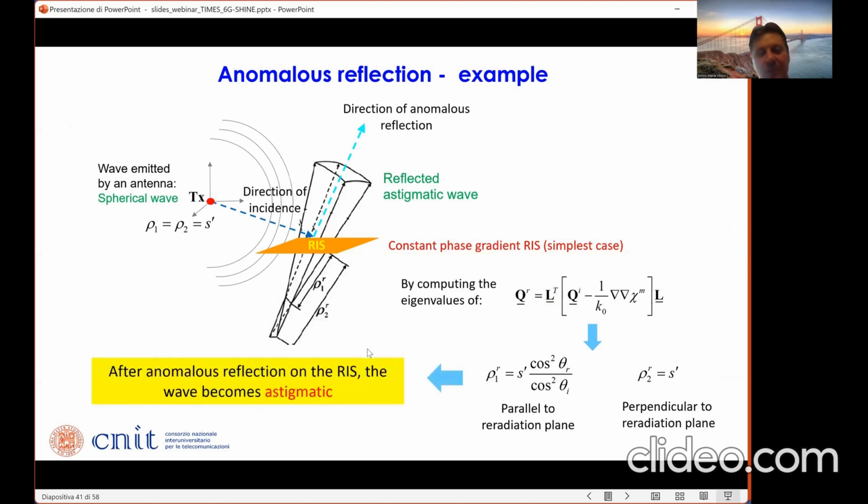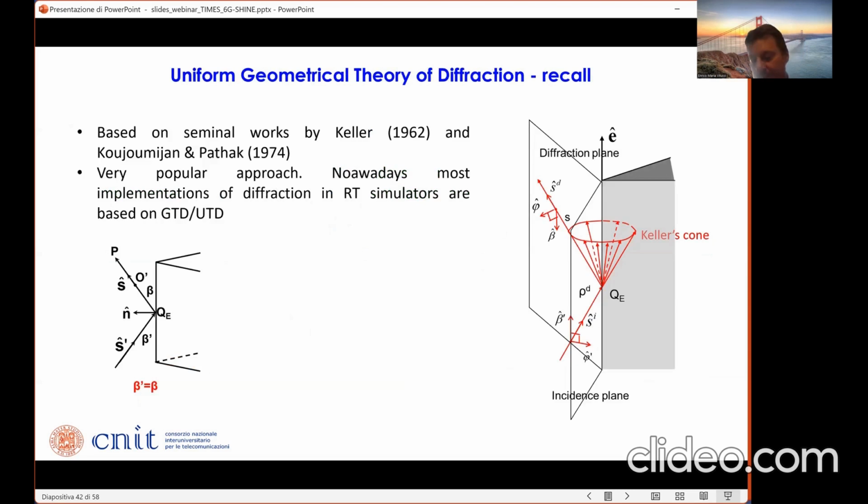So in the end, after anomalous reflection, the wave becomes astigmatic. Now, I want you to present the last part of the model, which is related to diffraction.